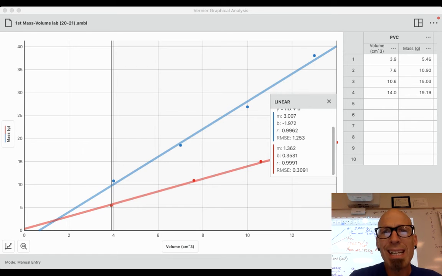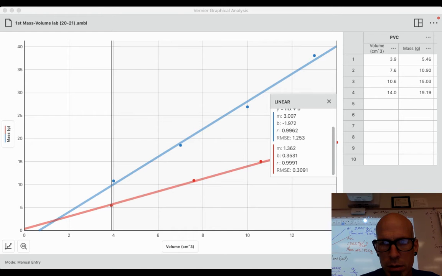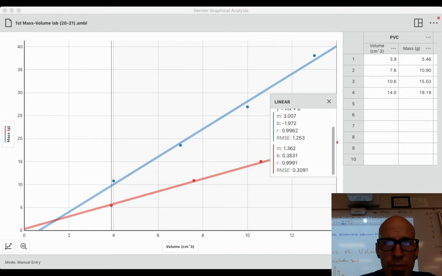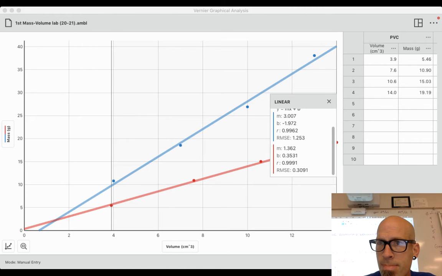Now, what exactly does this mean? What is this telling us about PVC versus aluminum? Well, before we even answer that question, if you remember back to when I was talking about this for the first time, the question was, what is the relationship between mass and volume? It wasn't even, is there a relationship?